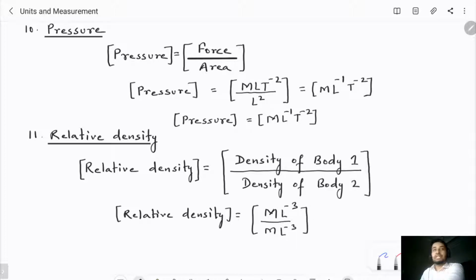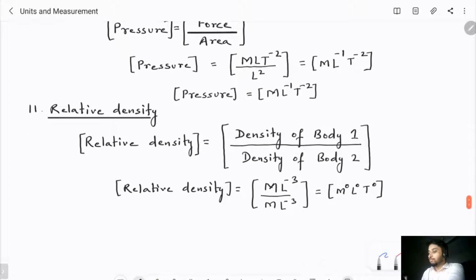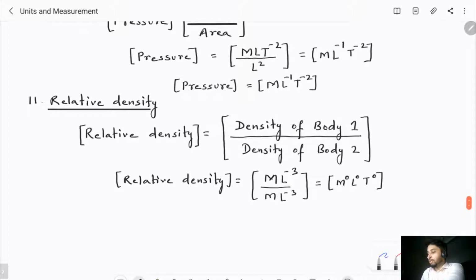So these will get cancelled. So when they get cancelled, we get a dimensionless quantity. Okay. So this becomes m to the power 0, L to the power 0, t to the power 0. So relative density is actually a dimensionless quantity.